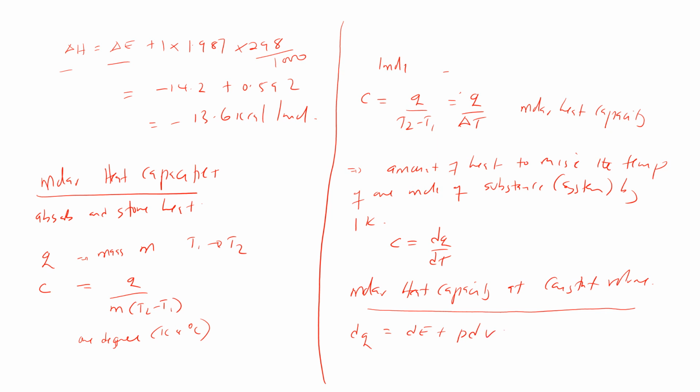If we divide everything by dT, so that we have dQ over dT equal to dE plus pdV over dT at constant volume, and that basically means dV is equal to 0.